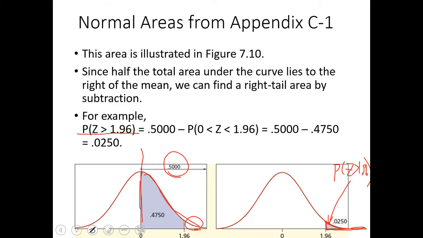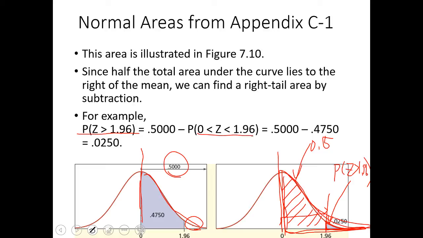To obtain this area, we consider that the total value of this half bell shape is 0.5, and this area from 0 to 1.96 is 0.4750.